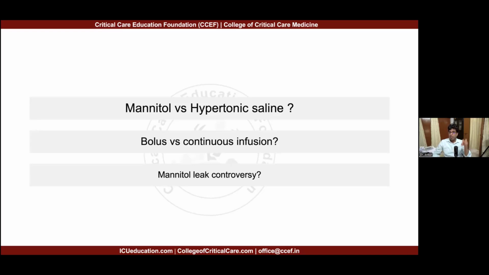All the literature says you should try to give it as a bolus, because if you maintain a persistently high sodium level on a continuous infusion, the intravascular and intracellular compartments come into equilibrium, and they will not draw water from the intracellular compartment to the intravascular compartment. So giving hypertonic saline as a bolus is much better than a continuous infusion.